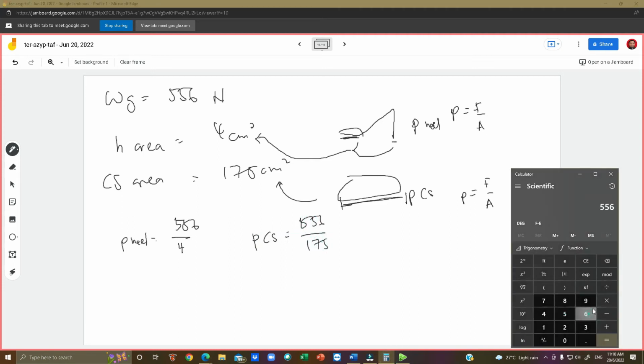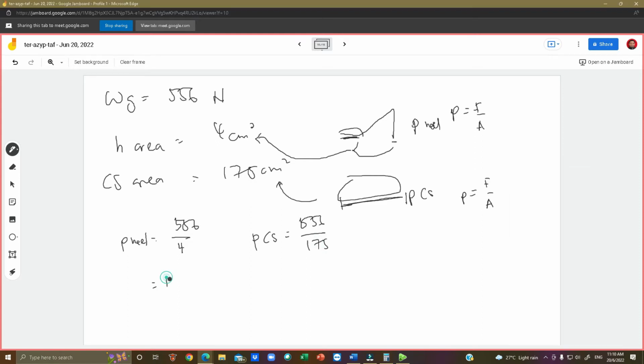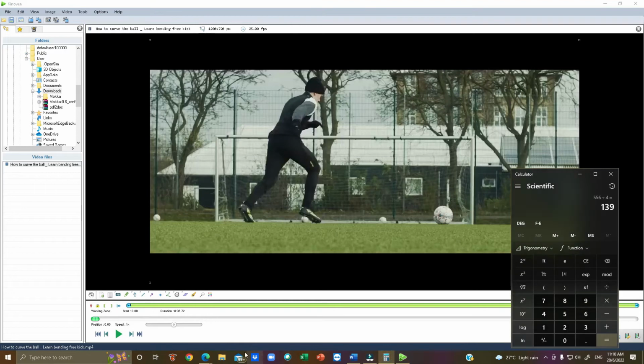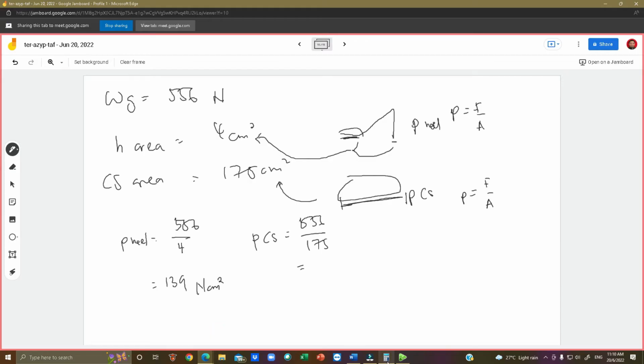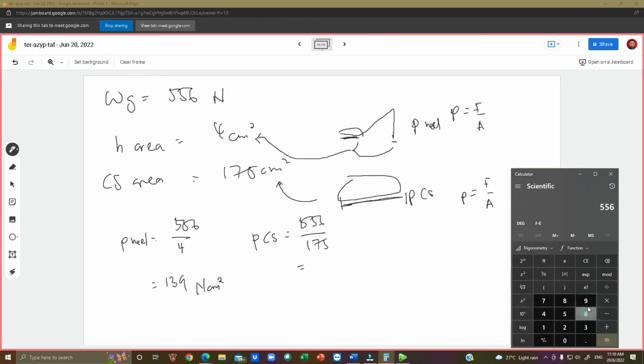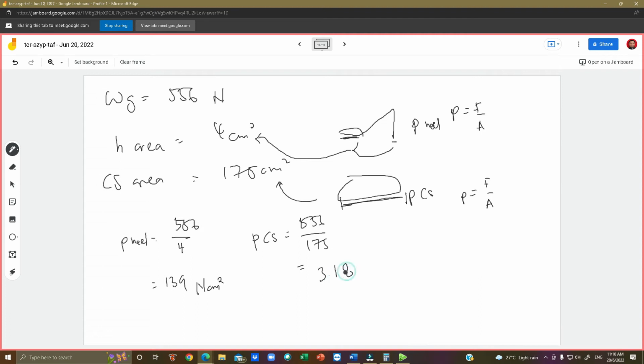Okay, 556 over 4, you end up 139 Newton per centimeter square. And for court shoe, we have 556 over 175, 3.18 Newton per centimeter square.